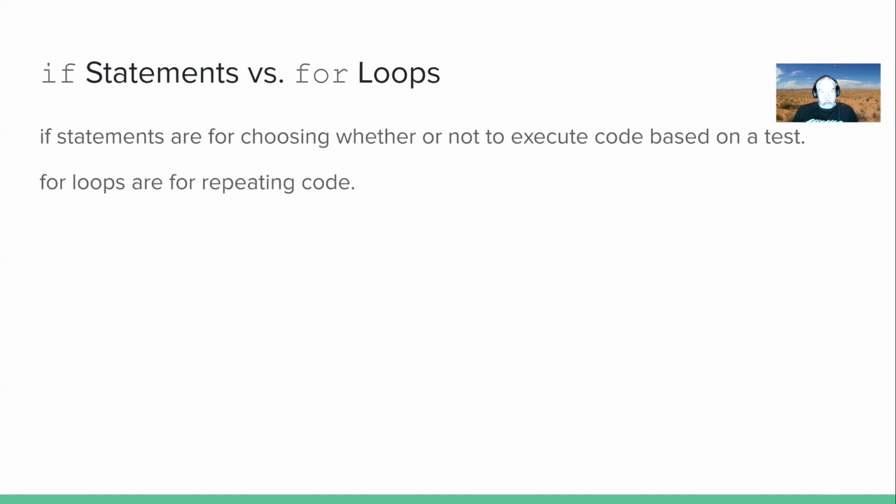If statements versus for loops. It can be easy to confuse the two, so just a quick note on that. If statements are for choosing whether or not to execute code based on a test, right? So if this condition is true, run this code. If that's not true, then don't run it at all.